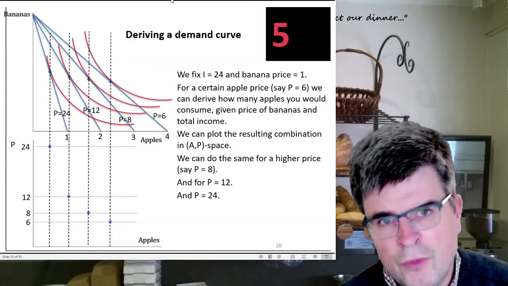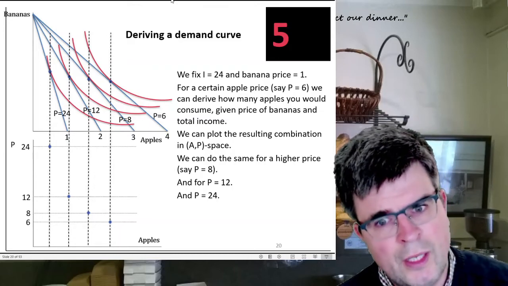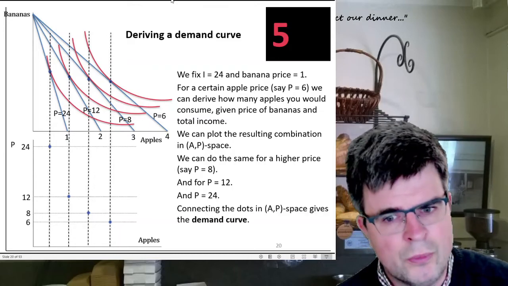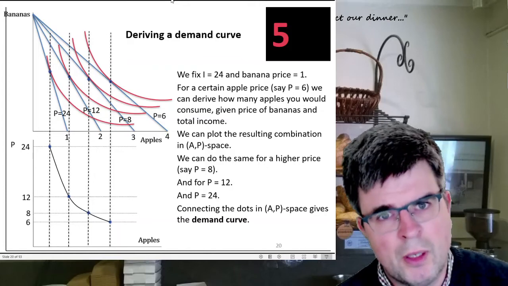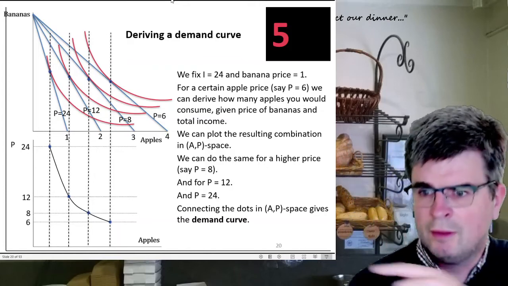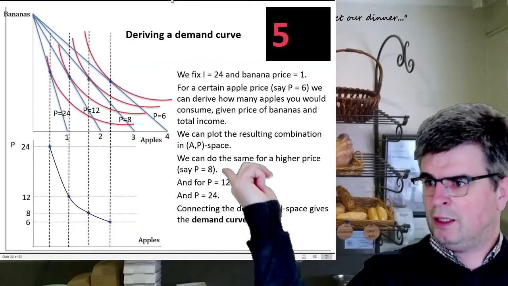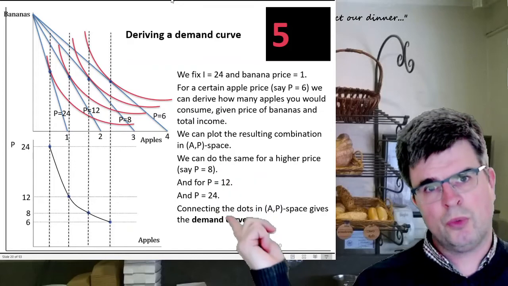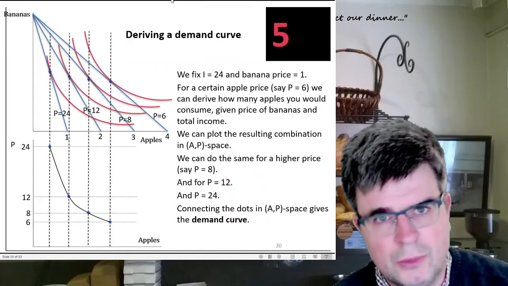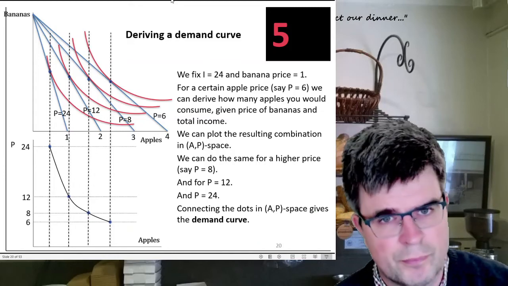So if you now focus on the bottom graph, this is the one that will give the individual demand curve. And now we connect the dots in order to get it. And our demand function will look something like this. And we can see that if the price increases, then the consumption of apples will go down. So the price elasticity of demand is negative.